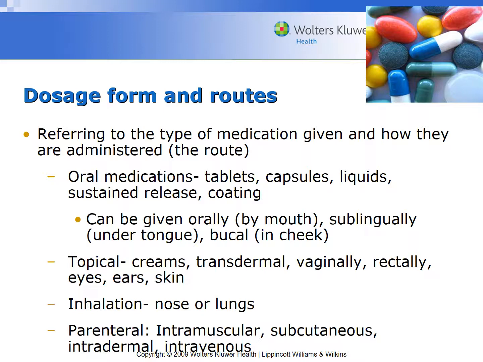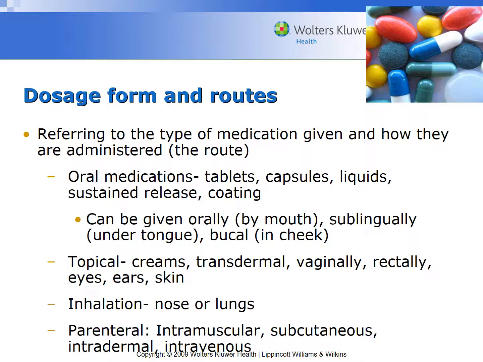It's tablets, capsules, liquids. Sustained release and coating. Coating means like an enteric coating that helps protect the stomach. Sometimes you'll see aspirins that have enteric coating. Sustained release means that the drug's gonna last a long time. Most of the time, not always, the drug will be labeled with SR or CR, controlled release.